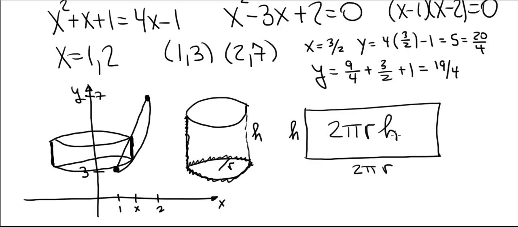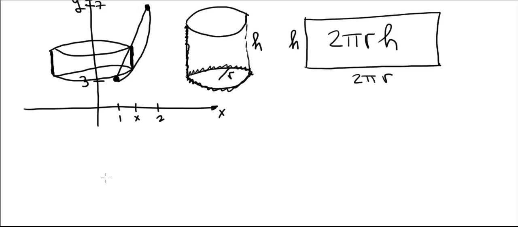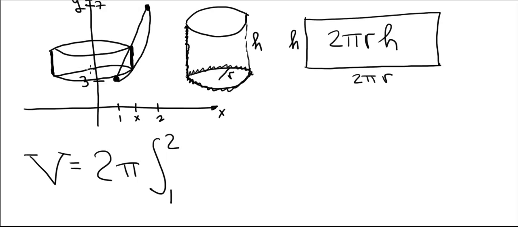And so we want to express the area of the cylindrical shell that you see in the graph as a function of x. Therefore, our volume will be 2 pi times the integral, taking x's between 1 and 2. If you look at this picture, here's the center of the cylinder, so the radius will go all the way to here. That's x. And the height is right there. It's the difference between the y coordinate on the line minus that on the parabola.